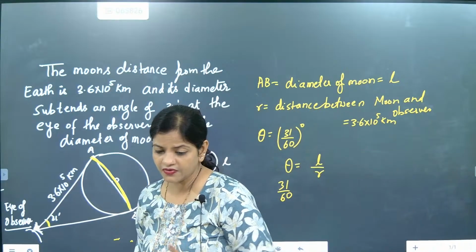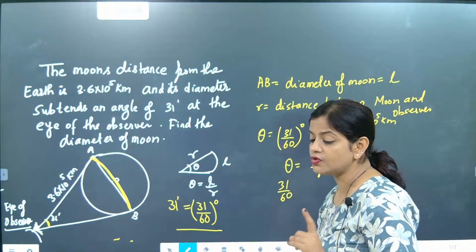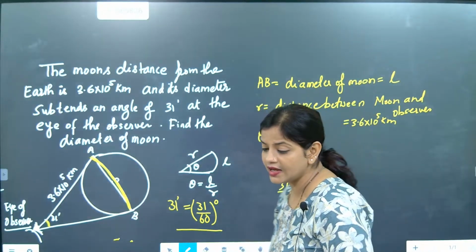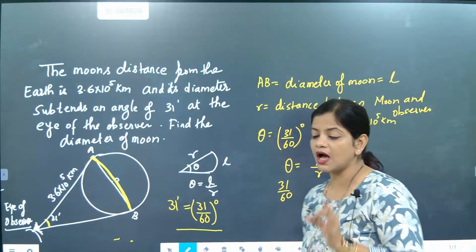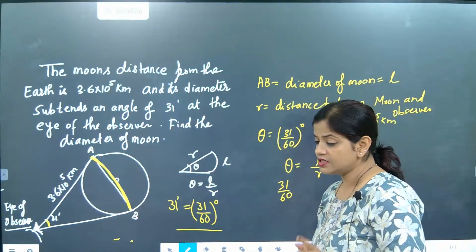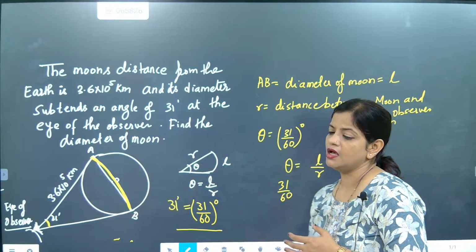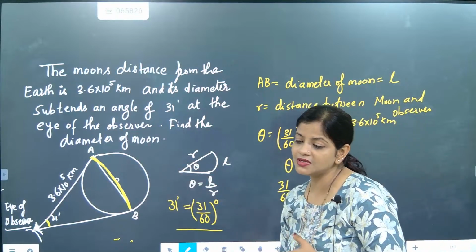Please be attentive here. 31 by 60 degrees is there, and immediately we have to convert into radians, because once we are handling this type of conversion, listen very carefully, the radius is in kilometers, so the diameter of the moon will come in kilometers.